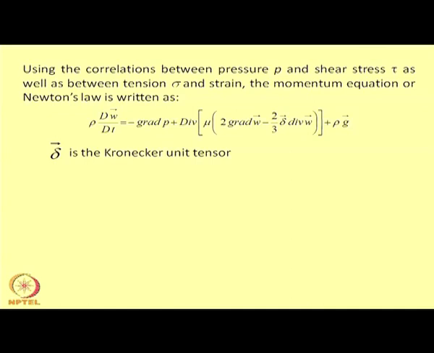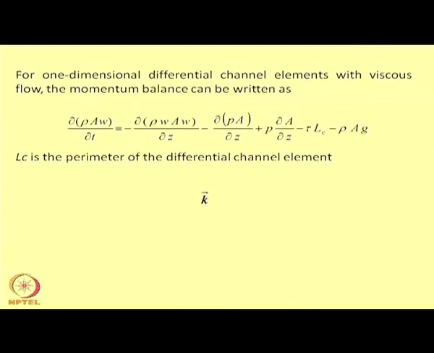So, using the correlations between the pressure and the shear stress, which is fundamental fluid mechanics, and using Newton's law, one can write the equation of motion in the following compact vector form.